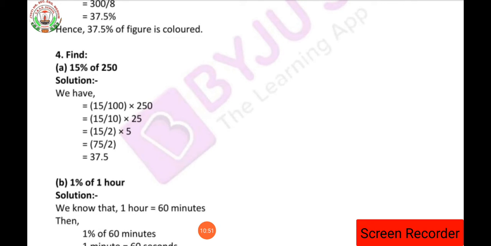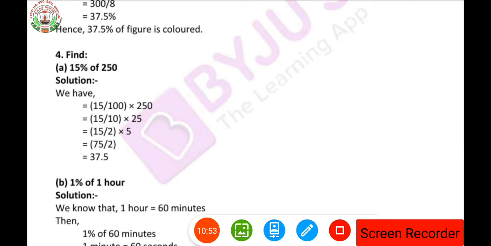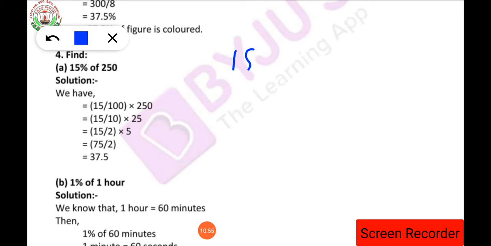So in question number 4, it is said 15% of 250. Okay, dear student, here the question is 15% of 250. That means we have to take out the 15% of 250. 250 का 15% निकालना है यहाँ पर, ठीक है.